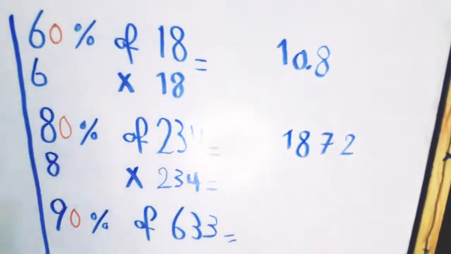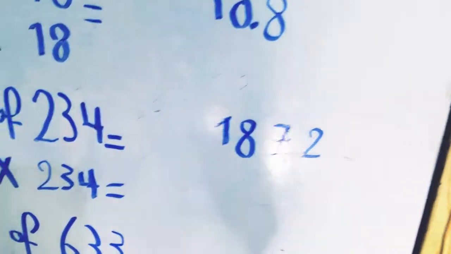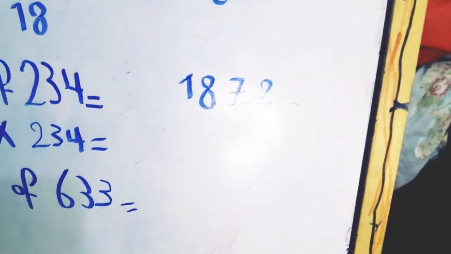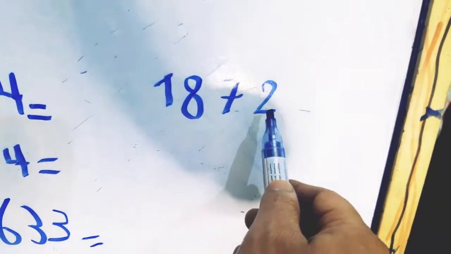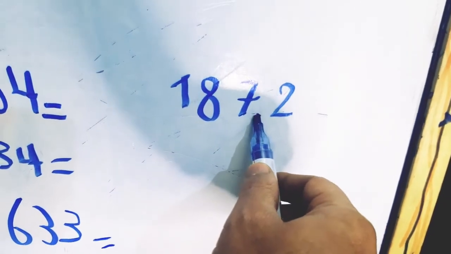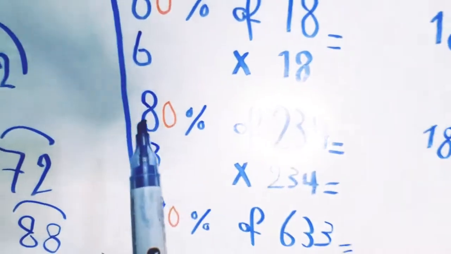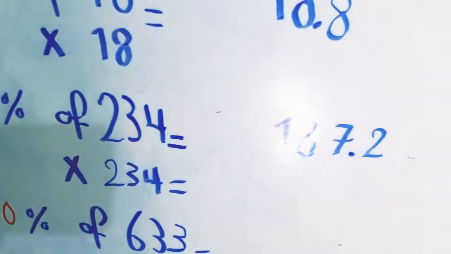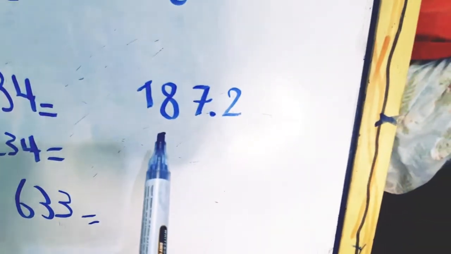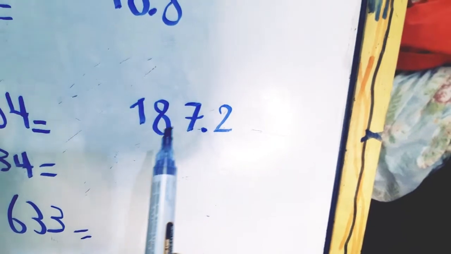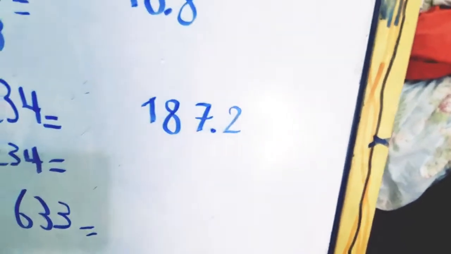Then we put a decimal point after one digit from the right side. So the correct answer is 80% of 234 is 187.2.